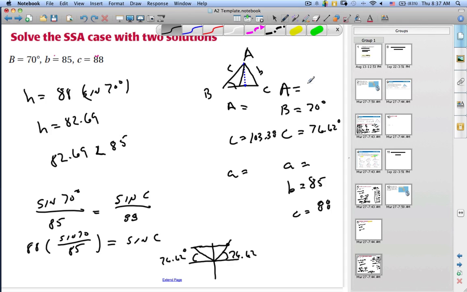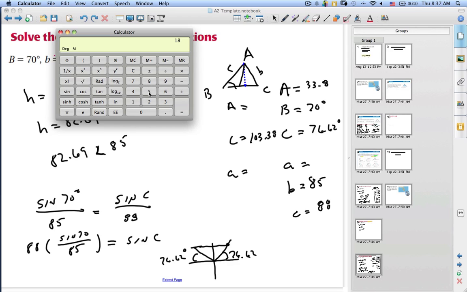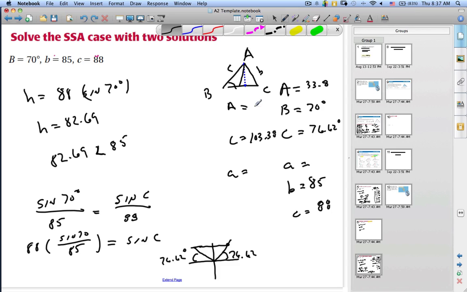Okay, so in this case, it's 33.38. Now, in this other case, it's going to be very different. So in that case, we're going to have 180 minus 103.38 minus 70, and now it's only 6.62. Okay, so this is going to seriously change the length of side A.